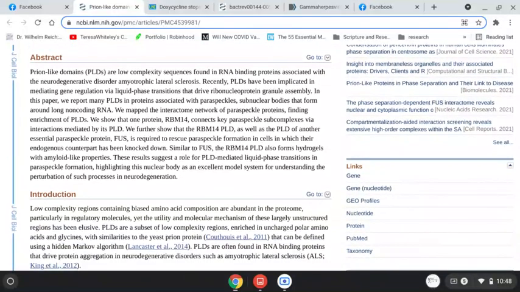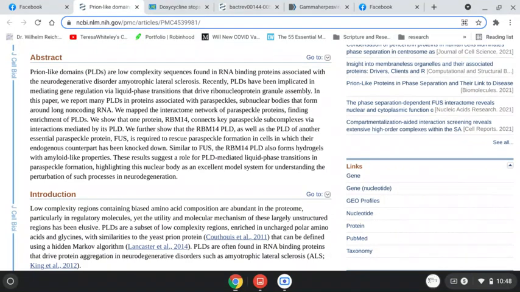Prion-like domains, or PLDs, are low complexity sequences found in RNA binding proteins associated with the neurodegenerative disorder amyotrophic lateral sclerosis. Recently, PLDs have been implicated in mediating gene regulation via liquid phase transitions that drive ribonucleoprotein granule assembly.